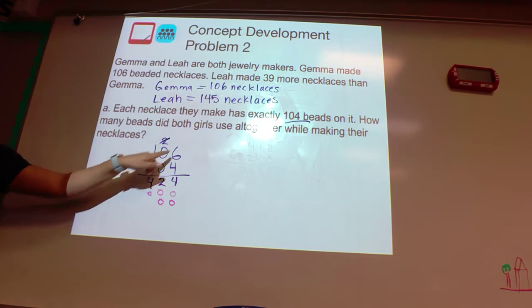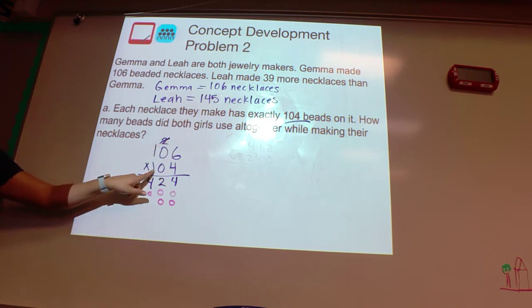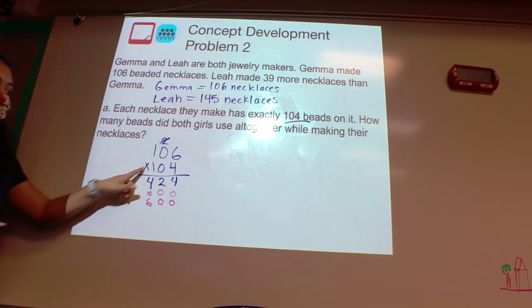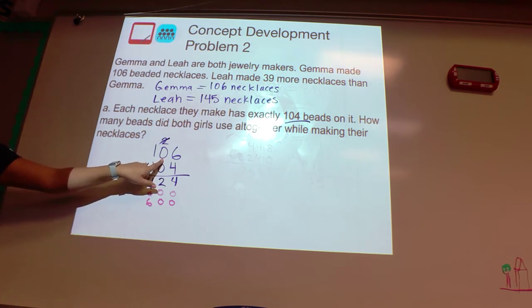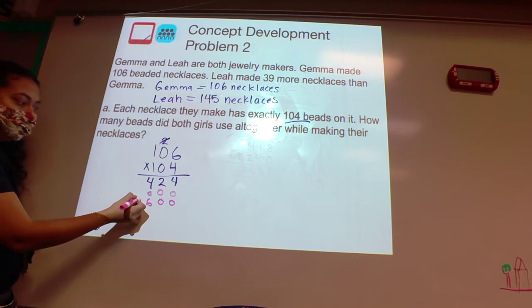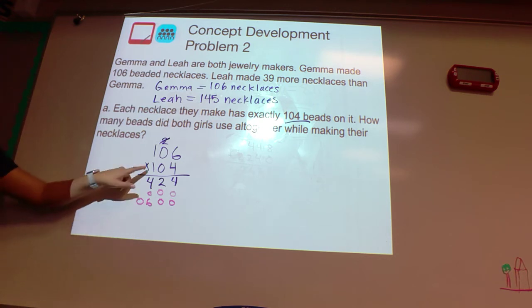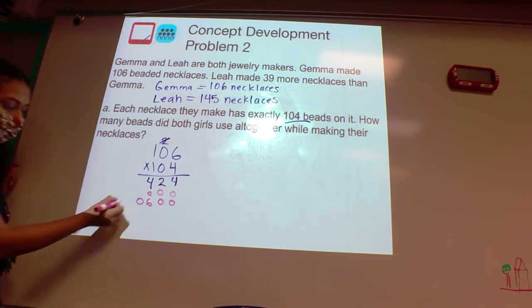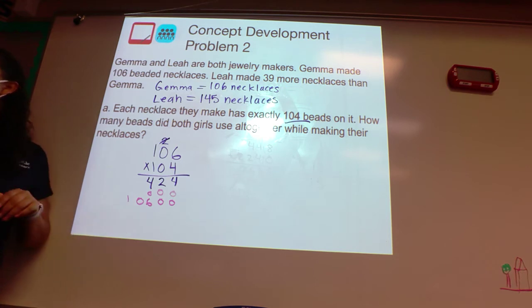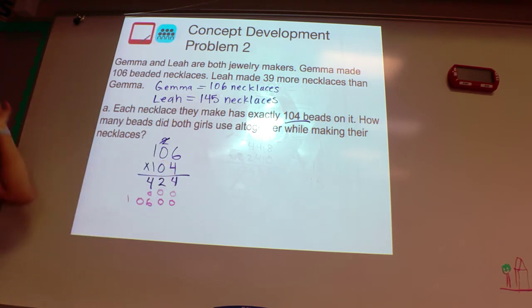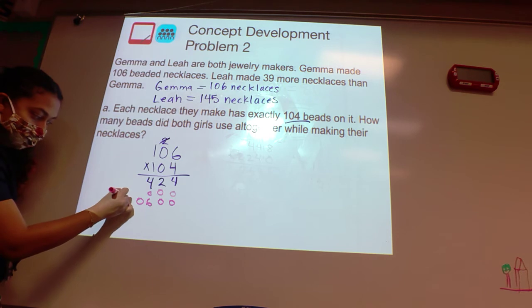And then we can do 1 times each digit. 1 times 6, 6. 1 times 0, 0. 1 times 1, 1. Do we have any more digits to multiply? No. So now we can add.